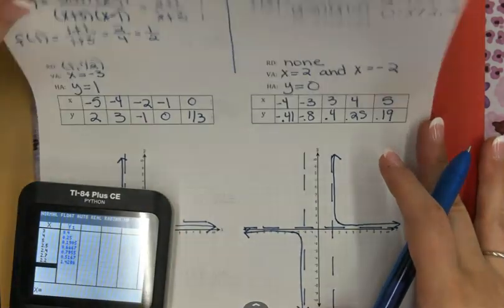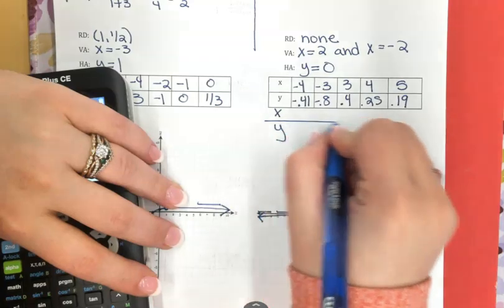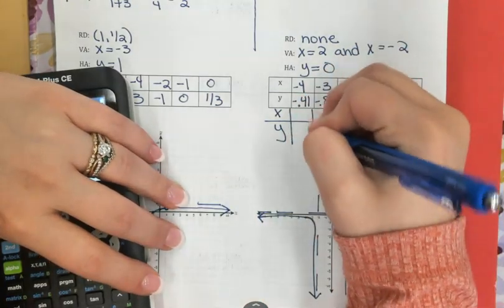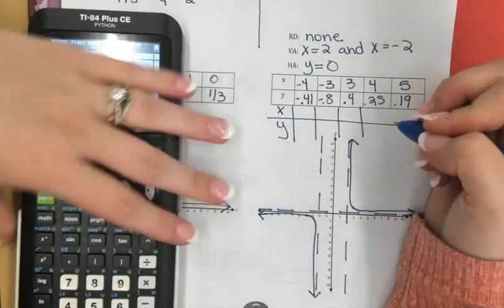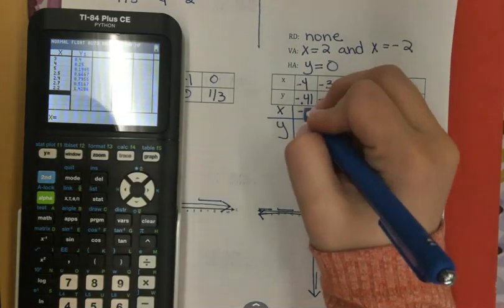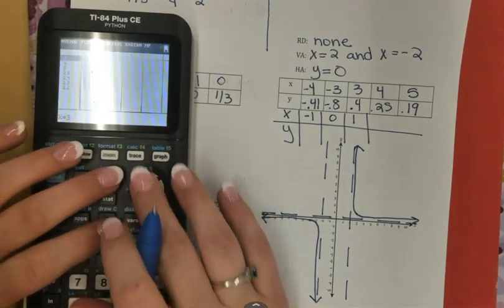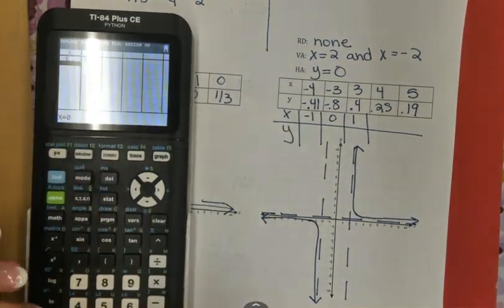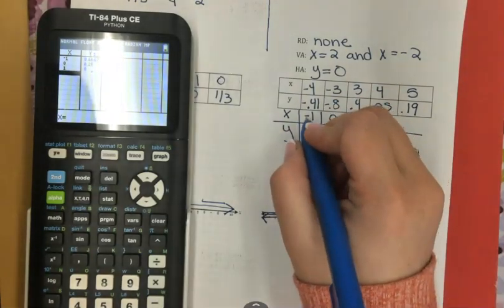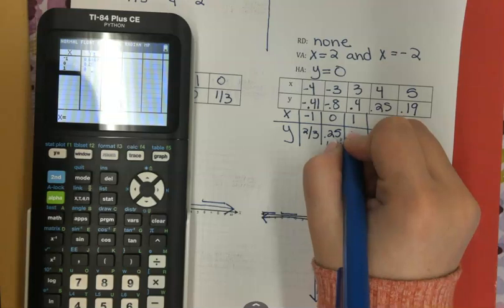So that leaves the middle. I'm just going to add another row down here for x and y's. And I should only need a few. So let's go with like -1, 0, and +1. So I've got 2/3, 0.25, and 0.